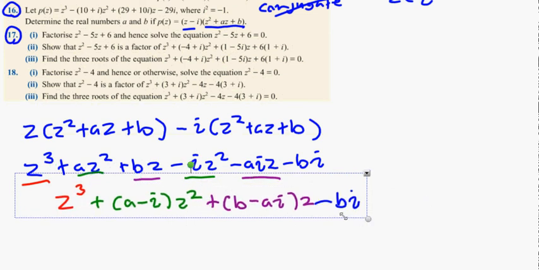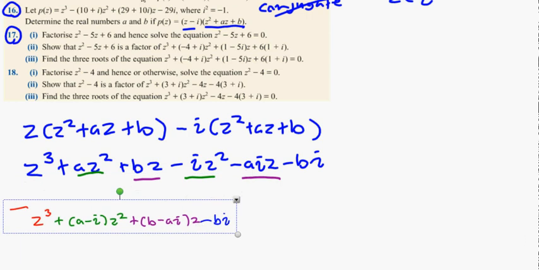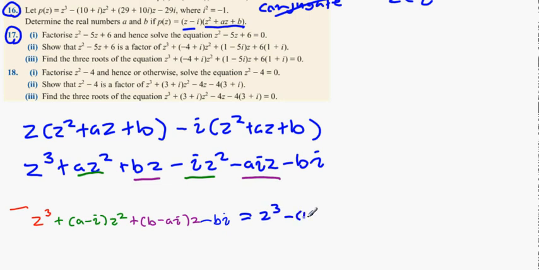So we group this here, then what we say is that we put it equal to the original cubic, which is z cubed minus (10 plus i)z squared, and then plus (29 plus 10i)z, minus 29i.